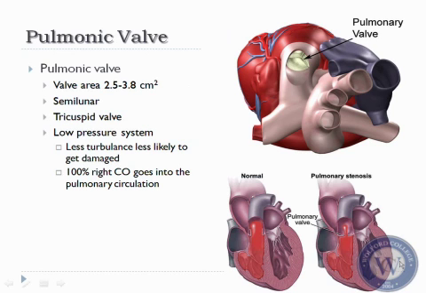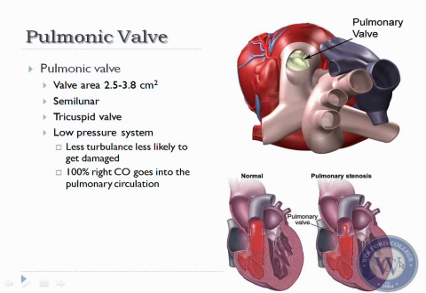The pulmonic valve has a small valvular area of 2.5 to 3.8 centimeters squared. Okay? Most of your pulmonic valves are the size of your thumb. If you take your thumb and look at it, that's a 2.5 centimeter area. That's your surface area of your pulmonic and aortic valve as well. The pulmonic valve is a semilunar valve most of the time.